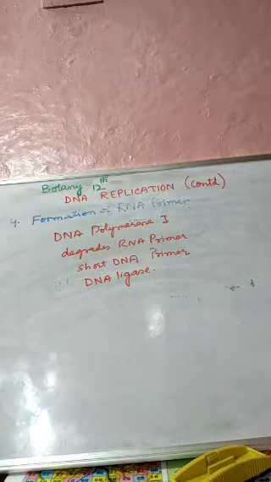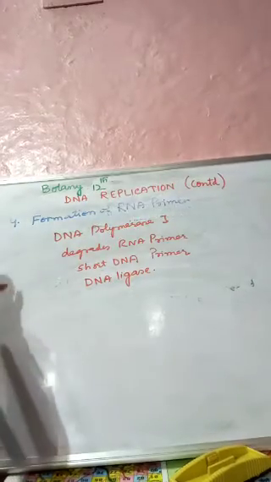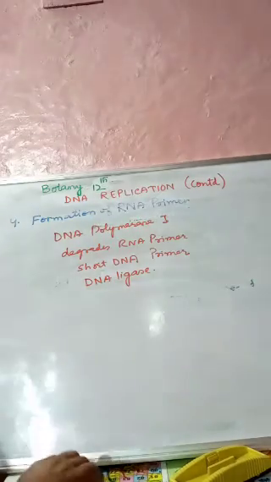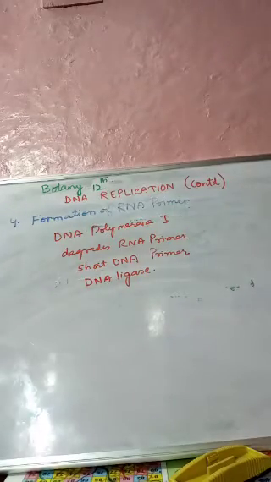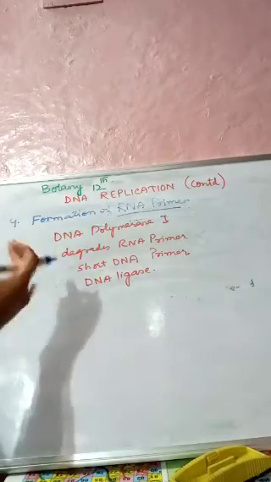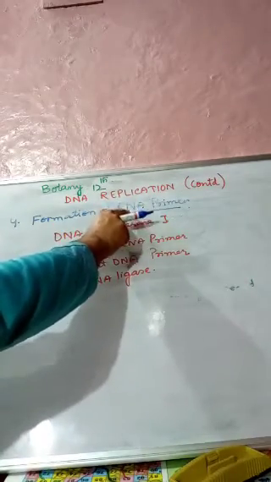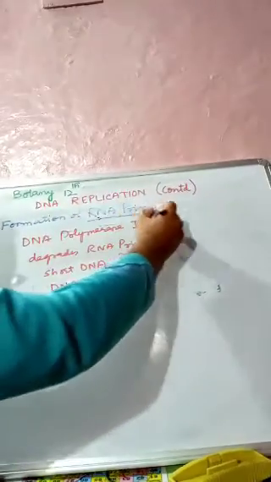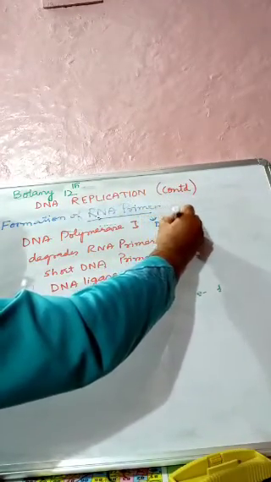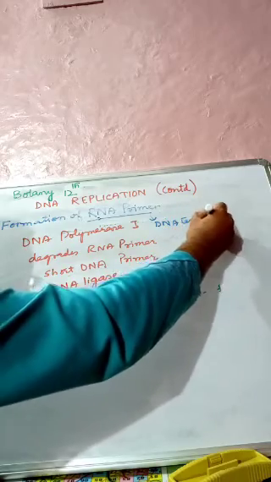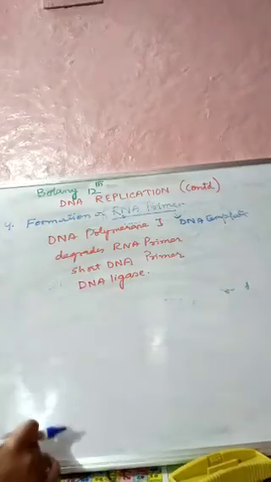Now what happens in this step? The initiation of DNA synthesis requires this RNA primer, and this RNA primer is synthesized by the DNA template, which lies close to the origin of replication.